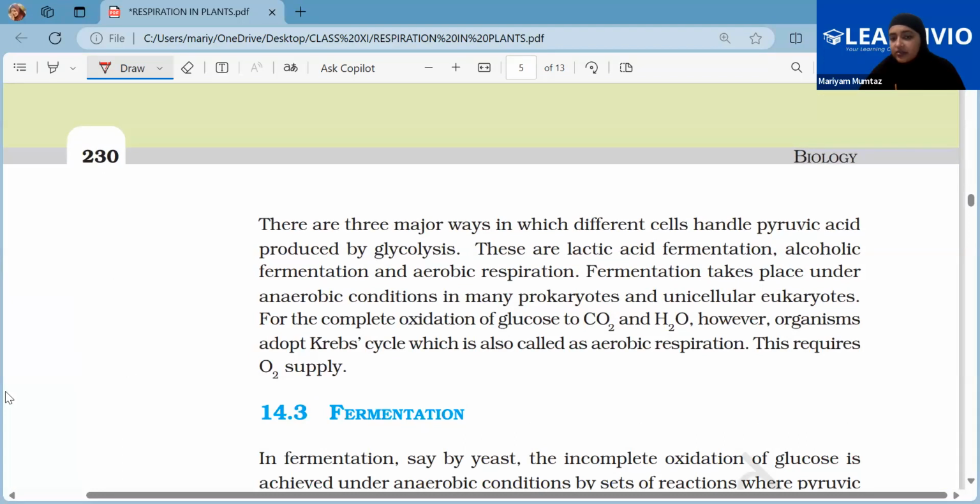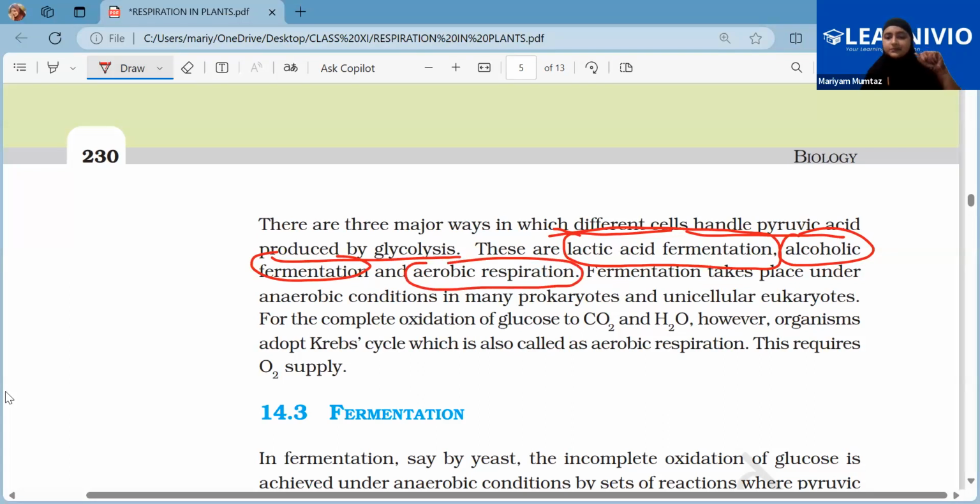There are three major ways in which different cells handle pyruvic acid produced by glycolysis. What are the three? First, we have lactic acid fermentation. Second, alcoholic fermentation. And lastly, aerobic respiration. So if we classify into a very general term, this pyruvic acid will actually undergo two processes.